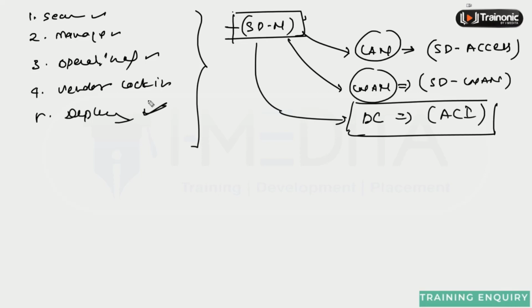Similar sets of policies we can apply from one point to another. It is going to resolve a variety of operational issues as well. For example, if a user cannot get an IP from DHCP, the controller used in software-defined networking can give us a prediction of what could be the reason for the problem, what could be the possible solution, and what steps we can take to resolve the issue.